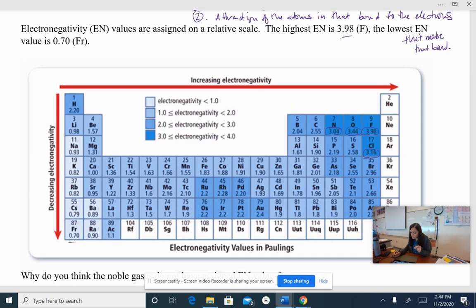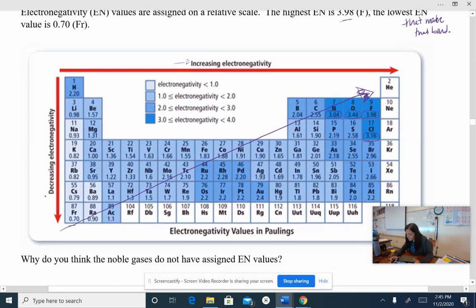You'll notice also that the general trend of electronegativity is that we are increasing in electronegativity as we go from left to right, and decreasing in electronegativity as we go down. So the electronegativity trend across the periodic table is just the same as ionization energy with one big difference.